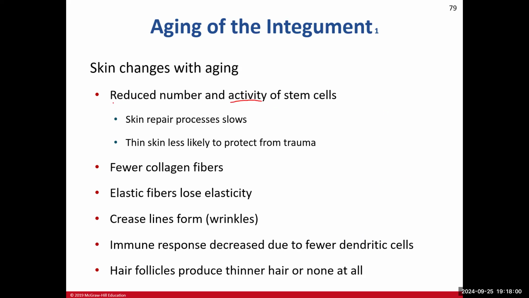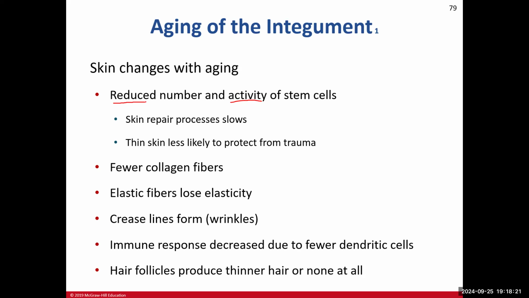So all in all, we see a reduction in the number of cells and the activity of these cells. So our skin takes longer, and it doesn't repair itself as well, I should say. Not to say that it's not doing the job correctly. It just doesn't do it as efficiently as it once did.